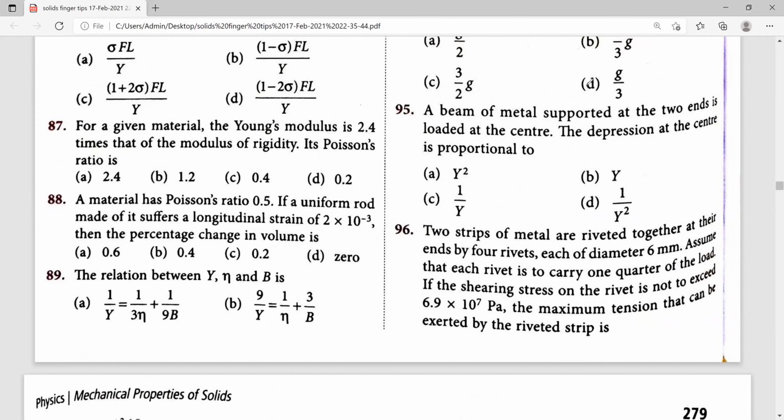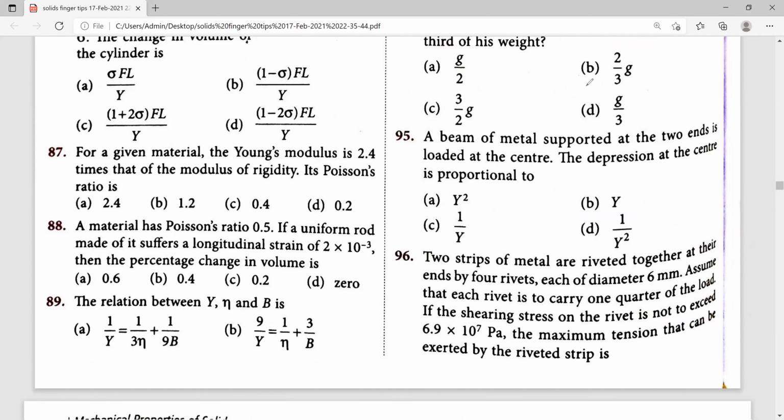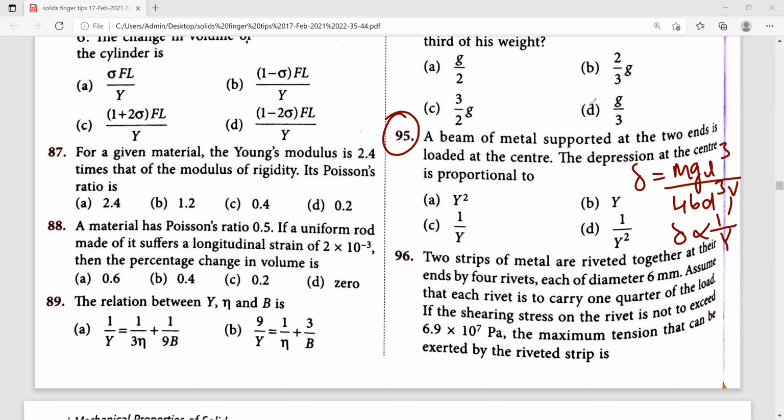Next, 95th one. A beam of metal supported at two ends is loaded at the center. Depression at the center is proportional to. We already know this, and if you remember the application part you can answer easily. Depression at the center is represented by the formula delta is equal to mg L cube divided by 4 b d cube into Young's modulus, so delta is inversely proportional to Young's modulus.